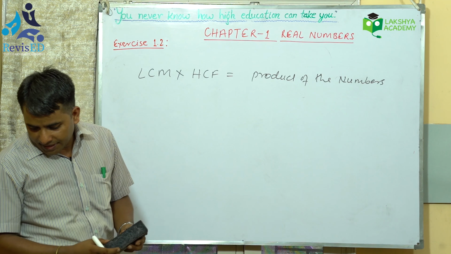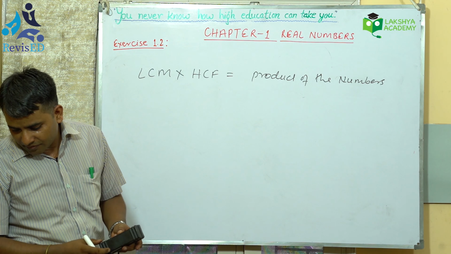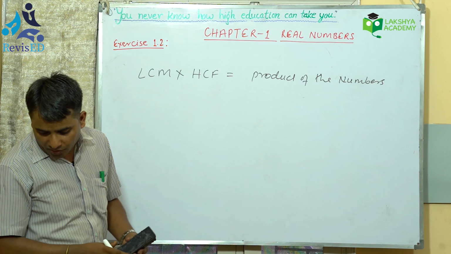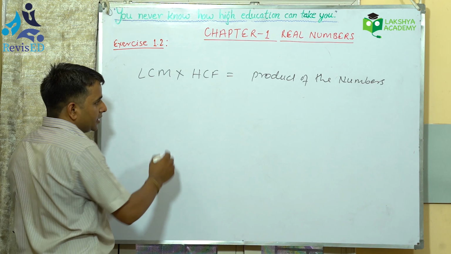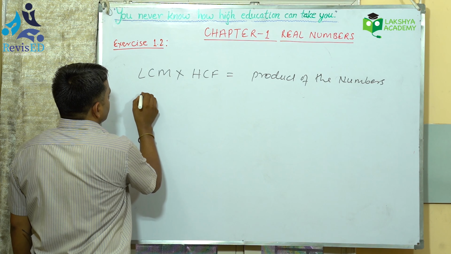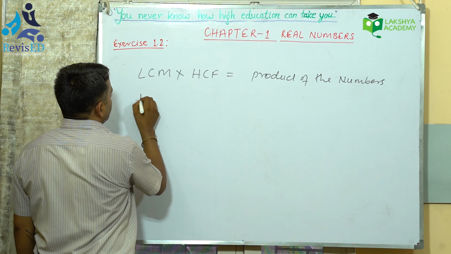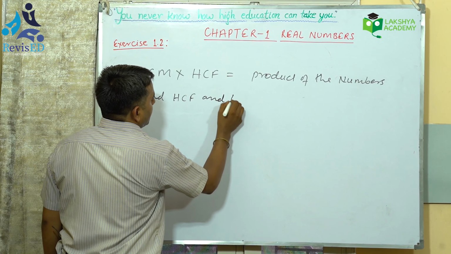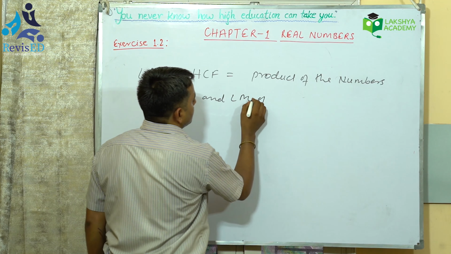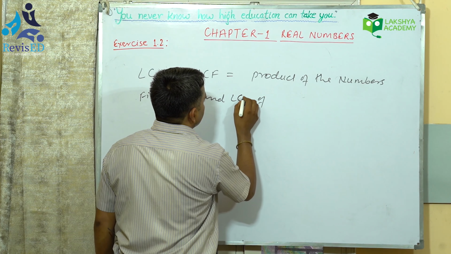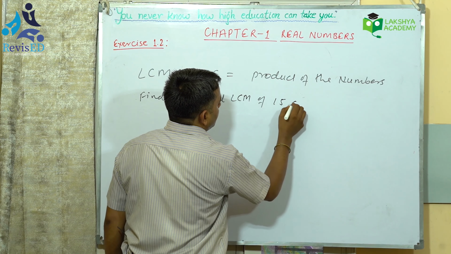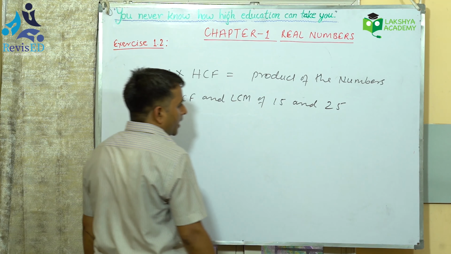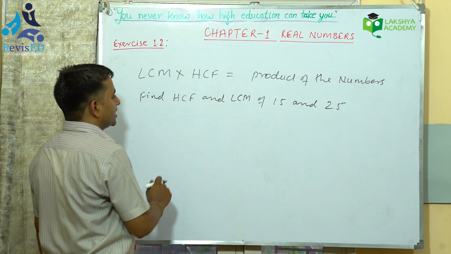Suppose we take an example: find the LCM and HCF of two numbers, say 15 and 25, and verify this relation.